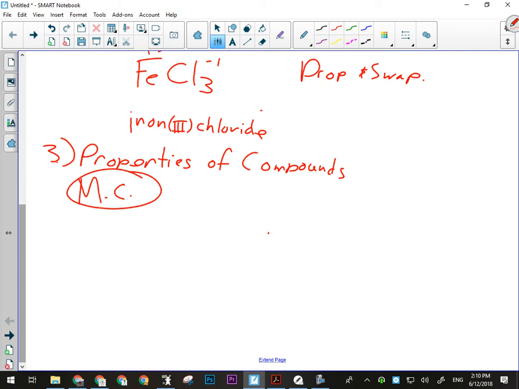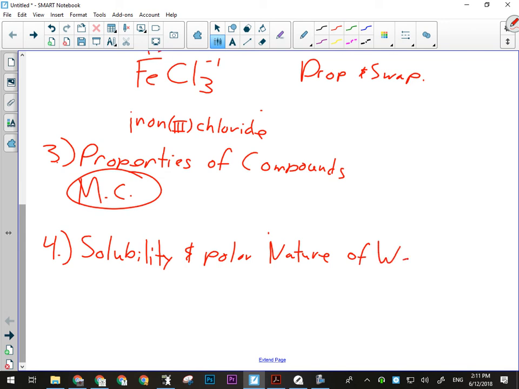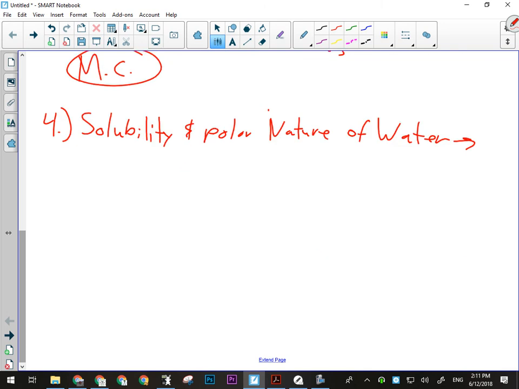Then we talked about solubility and the polar nature of water. So there could obviously be some multiple choice about both solubility and the polar nature of water.